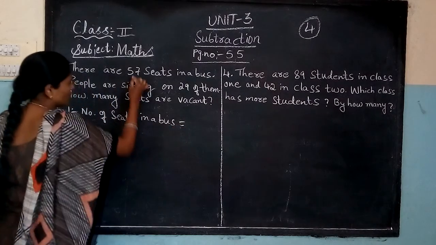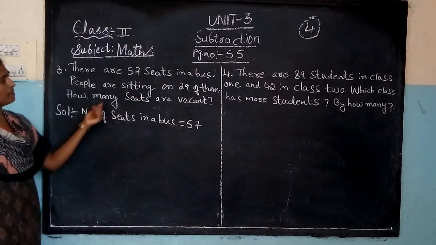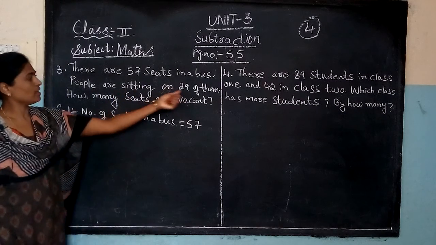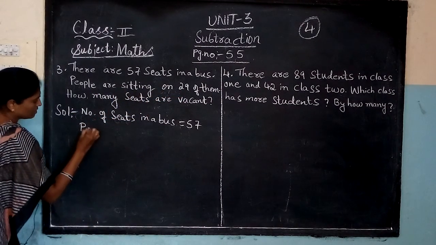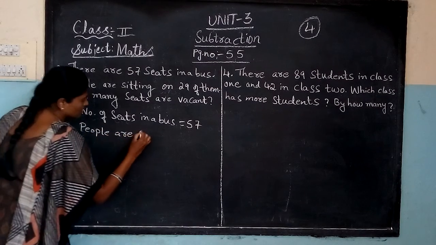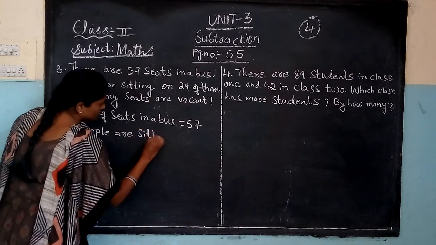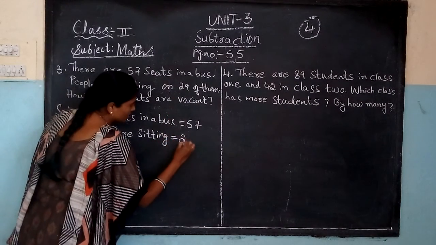Is equal to 57. People sitting in that bus, how many? 29. Sitting is equal to 29.